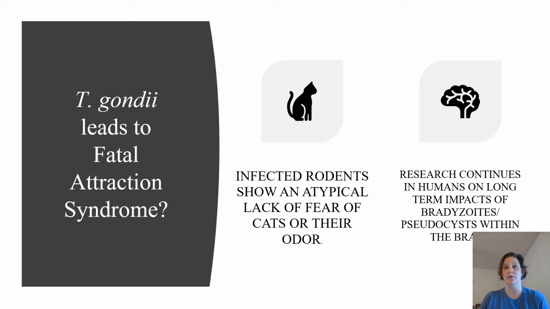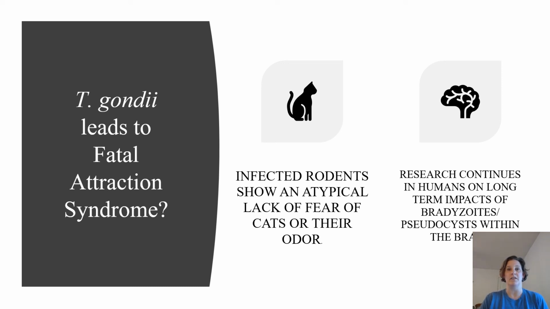But those research questions, there are lots of different ones. If you do a Google search for T. gondii and fatal attraction syndrome, you'll get many different journal articles and other articles that tell you more about it. There have been concerns about, okay, we know that there's an increase in dopamine in the brain. There's also been some correlation showing that males who are infected with T. gondii have an increase in testosterone levels, which can lead to increases in aggression and anger.